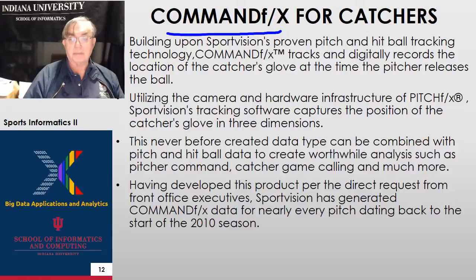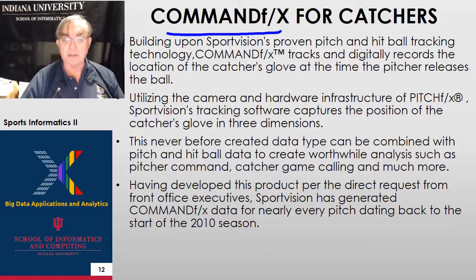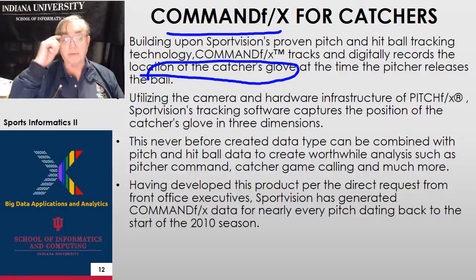The poor old catcher is just standing or crouching behind the batter. So if you can recall what the batter does, you can do what the catcher does, and you can convert your video into a location of the glove at the time the pitcher releases the ball and how it moves to catch the ball if it's missed by the batter.